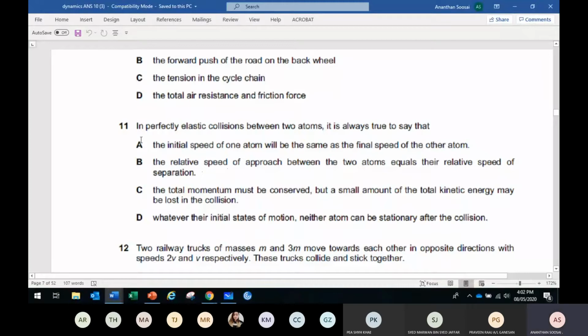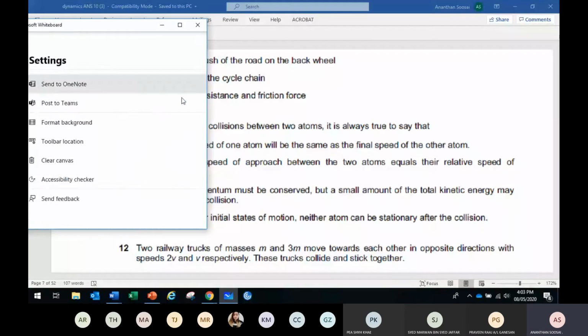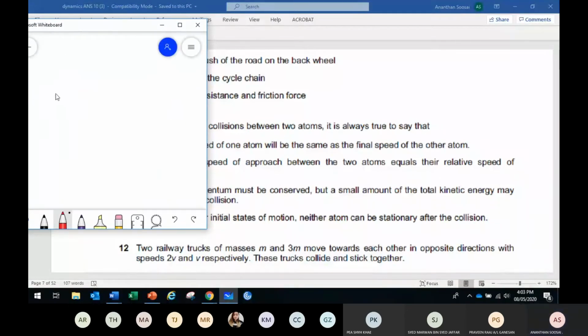A. When A happens, the initial speed of one atom will be the same as the final speed of the other atom. A is not wrong, it's a type of elastic collision. But when that happens, this is a special case. Let's say you have two bodies, both have to be the same mass. The second body has to be at rest.